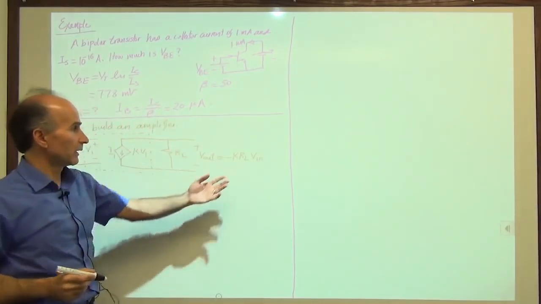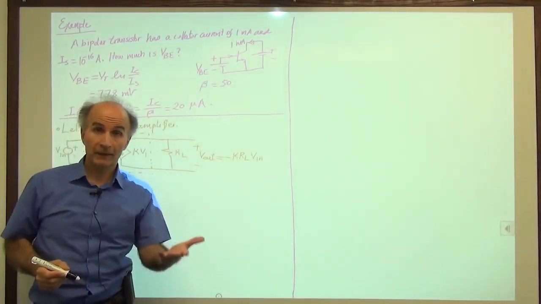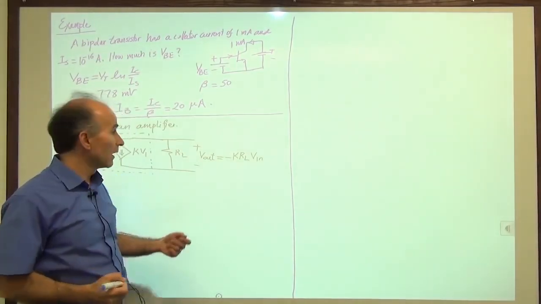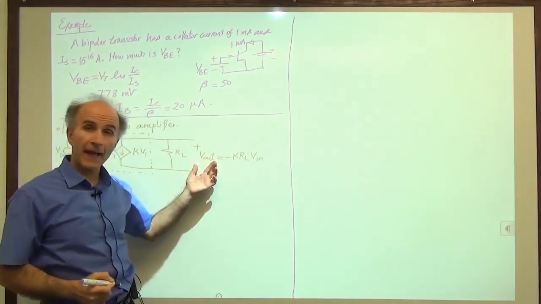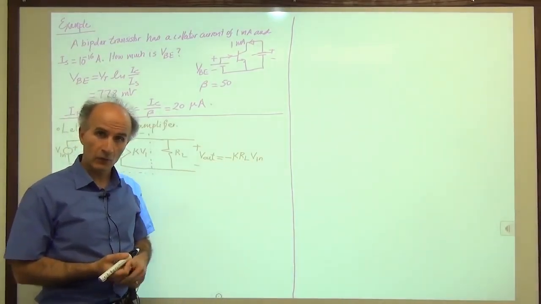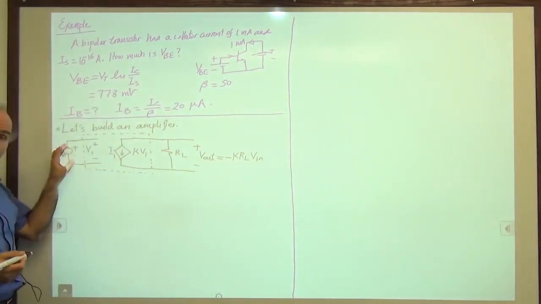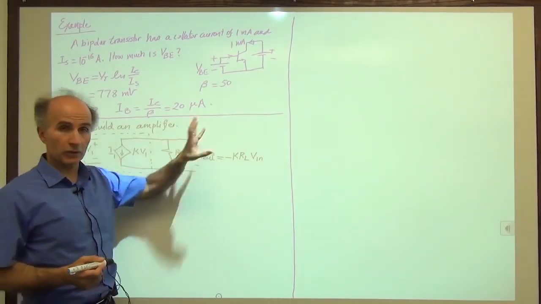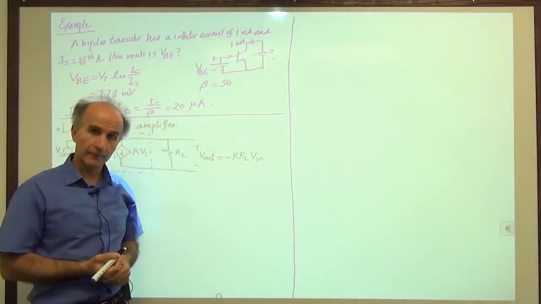And we said, well, if K RL is some respectable value, 5 or 10 or something, then V out is an amplified copy of V in. So the voice signal comes from the microphone, goes through the amplifier, and comes out larger, with a larger swing.